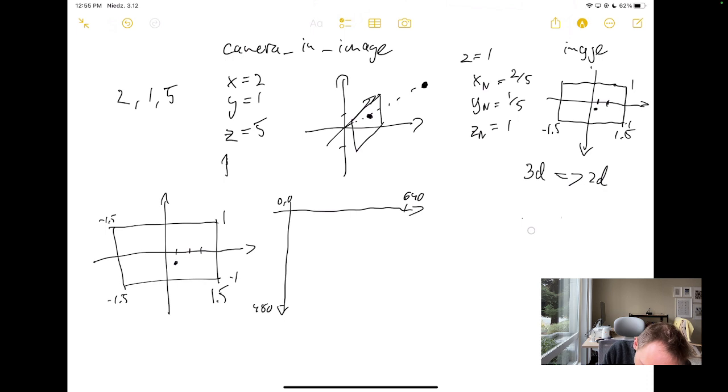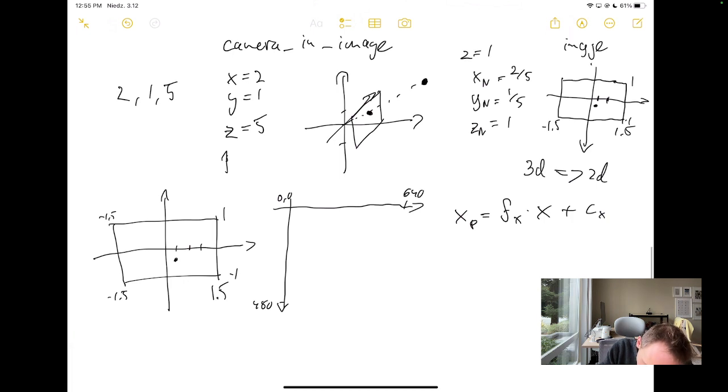So x pixel will be equal to some scaling factor times normal x plus some constant that shifts the center, right? So let's look at it now.